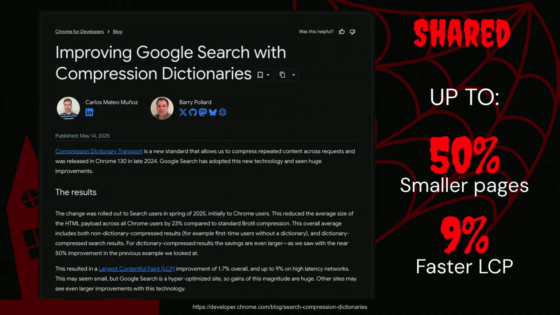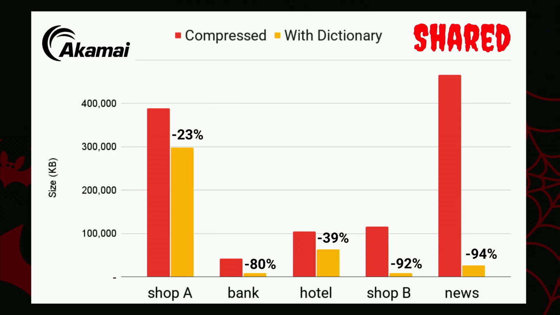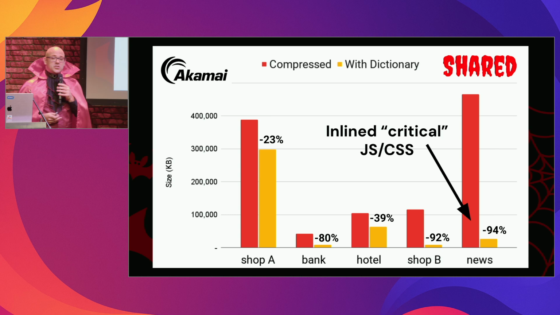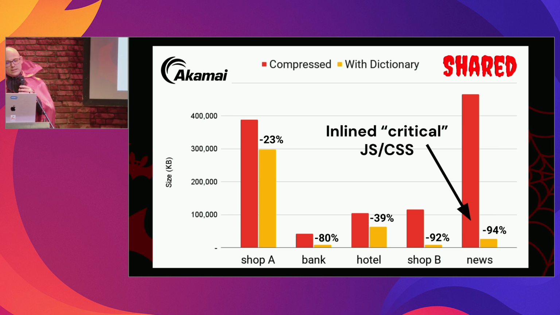At Akamai, we have been trying this out with several customers, seeing also impressive results. Interestingly, for example, our 94% on the right there turns out to be a customer who was inlining critical JavaScript and CSS on every page. Of course, if you extract that into a dictionary, the actual page goes way down.